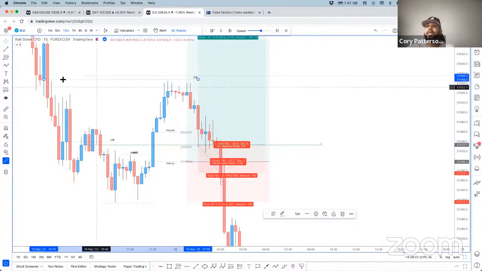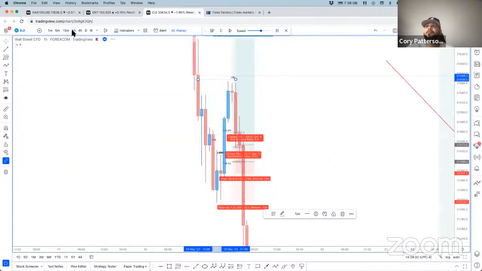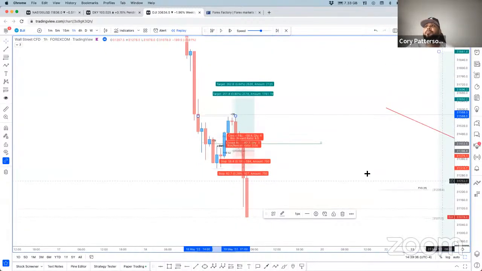So we technically should have been looking for something that would have been selling, because this is already a bearish point of interest right here, even on a higher time frame. We come back over here, we coming up near this imbalance. So we wouldn't even really have been looking for a buy right there, honestly.